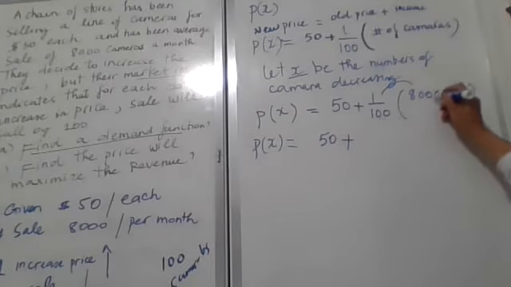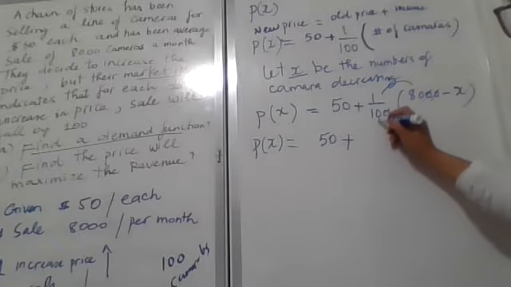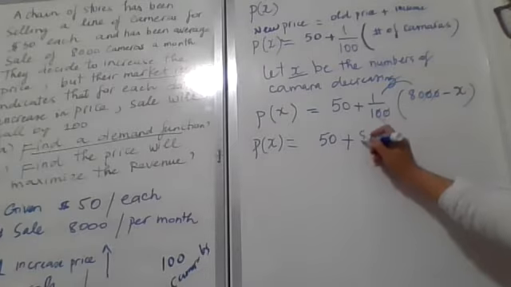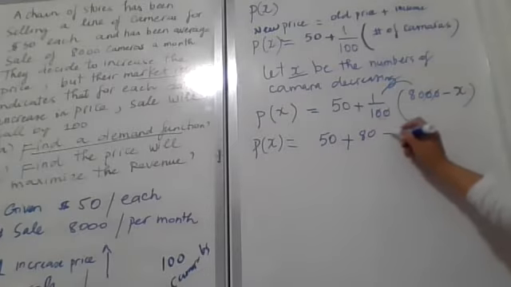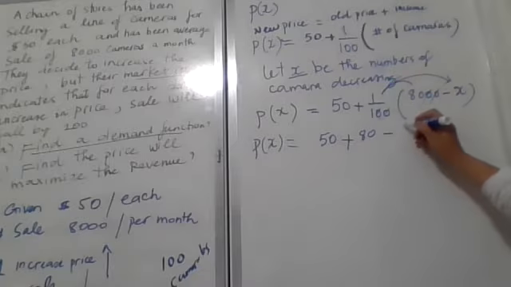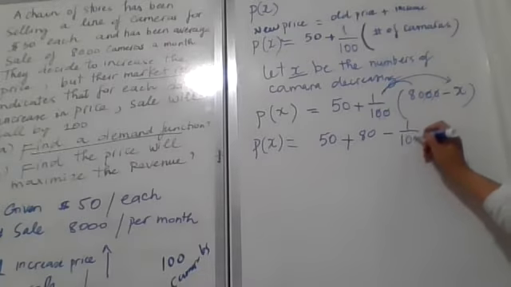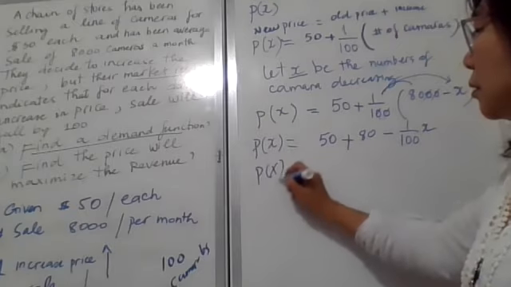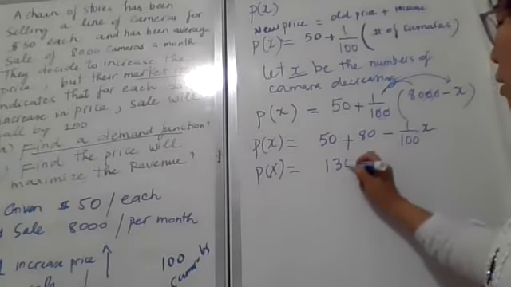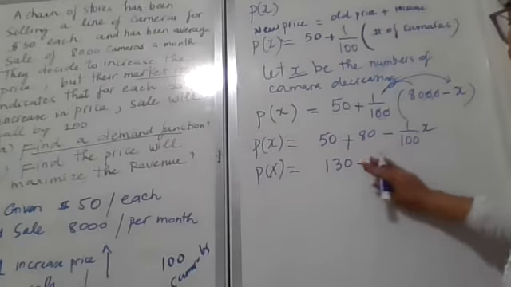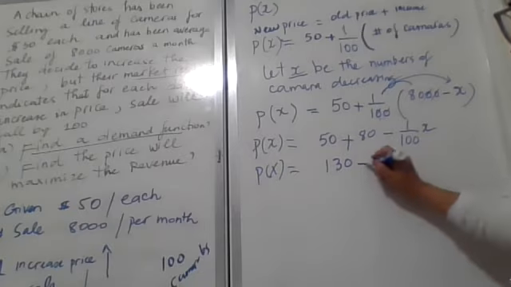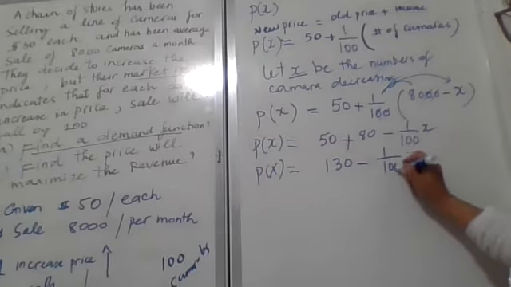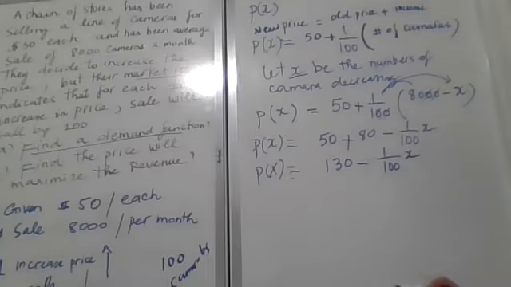I'm going to cancel this, cancel that, cancel this, cancel that. So it equals 80, right? Minus this time that is 1 over 100x. Simplify it, it will be equal to 130 subtract 1 over 100x. So that is the demand function, the price.